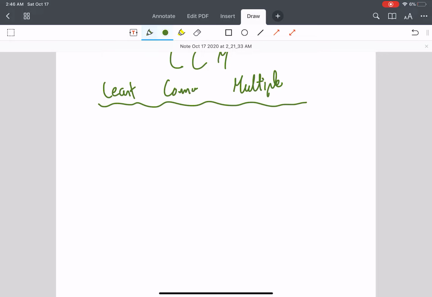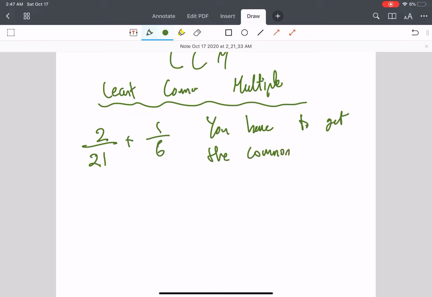So let's say we want to add 2 over 21 plus 1 over 6. What would you do? You have to get the common denominator, right? Which is the LCM.